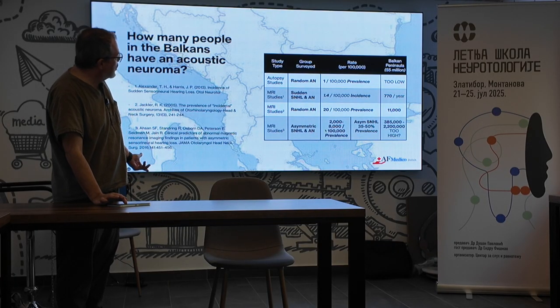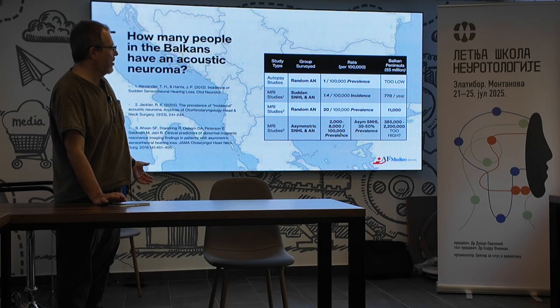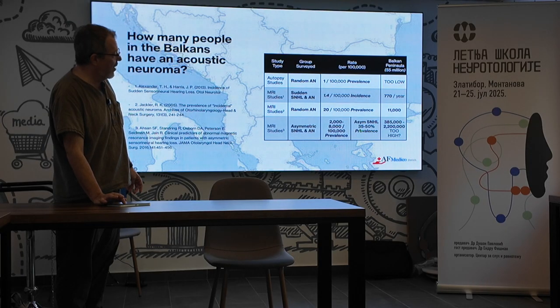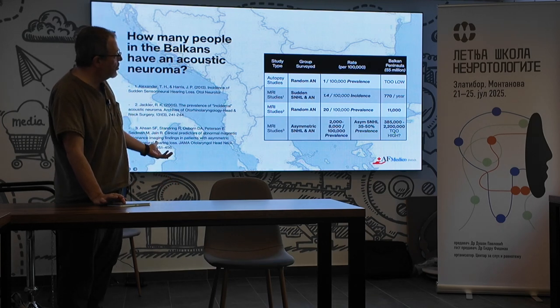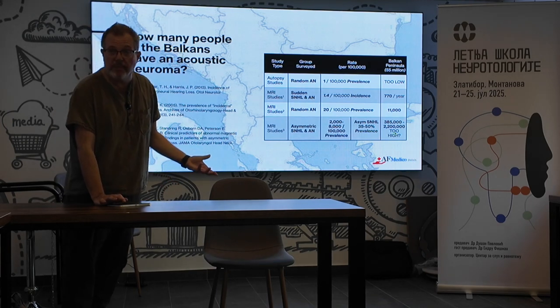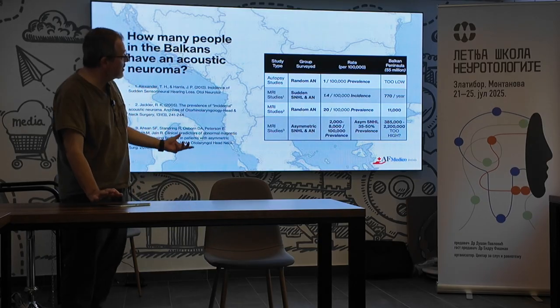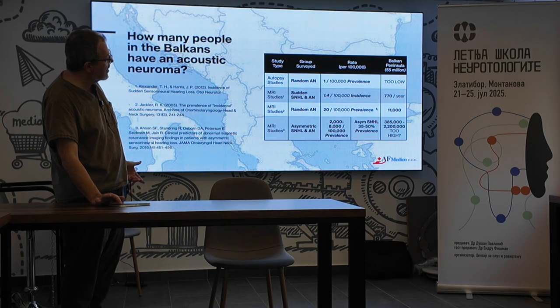If we just look at MRIs done for asymmetrical sensory neural hearing loss, we can get 2,000 to 8,000 per 100,000. Asymmetrical sensory neural hearing loss MRIs can be positive in 35 to 50% depending on the study. This is probably too high to say that there are more than 2 million in the Balkans, but it's probably closer to this number.